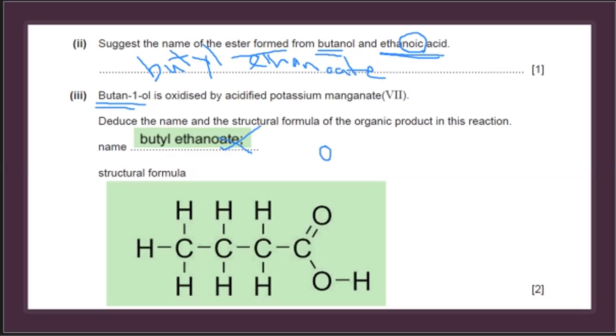When the alcohol undergoes oxidation, and this sign represents oxidation, it produces the acid. So what we will have is the acid of the alcohol. What is the alcohol? Butane-1-ol. So the acid will be butanoic acid.